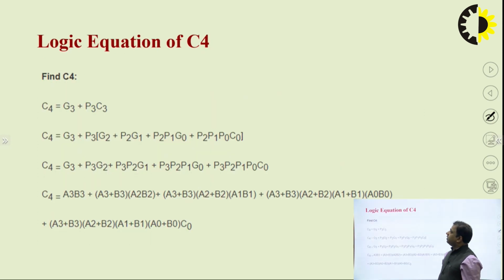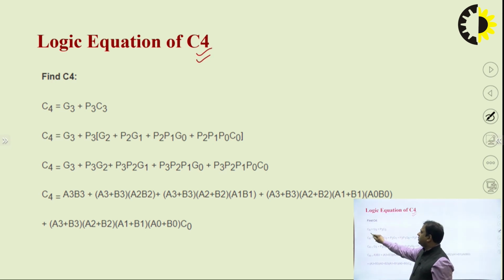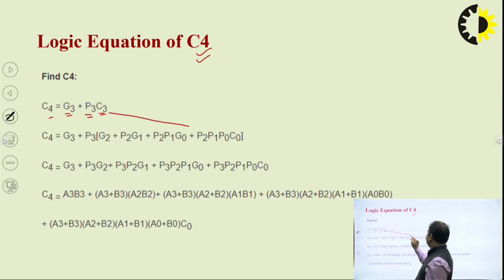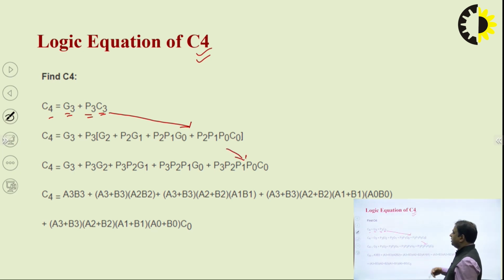Next, we move to the logic equation for the C4. What will be the equation for C4? That is C4 equals G3 plus P3 into C3. Put the value of C3, then put the value of C0 and compute the complete equation. Just by putting the value of the previous carry, we can compute the next carry.